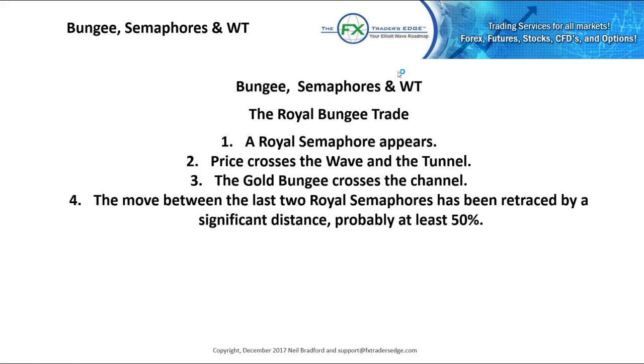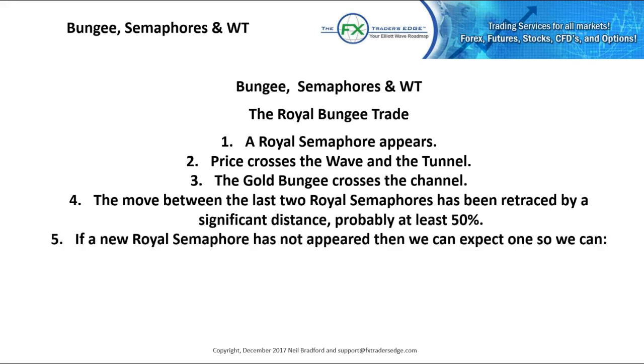I haven't got a precise number for it, but I would imagine it's somewhere around 50%. 38% can happen, but invariably lets you down. So at least 50%. This is why you need to be looking at history on these charts and not just the coal face.